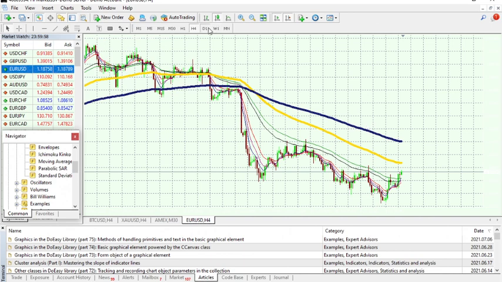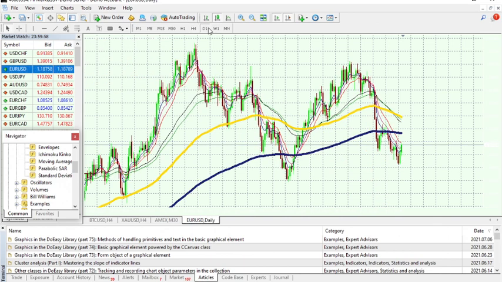Now let's go to the daily time frame. Remember, most people make use of the daily time frame, and looking at it, I'm seeing a kind of head and shoulders here, which is telling you that it wants to make this 200 moving average, which it has crossed, a resistance line.